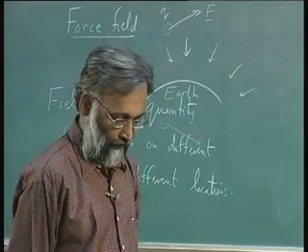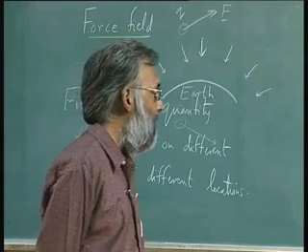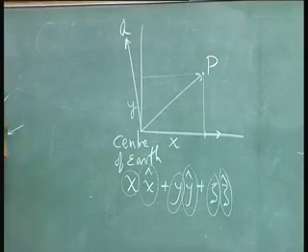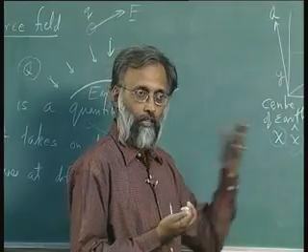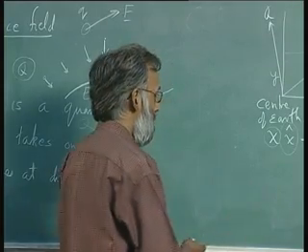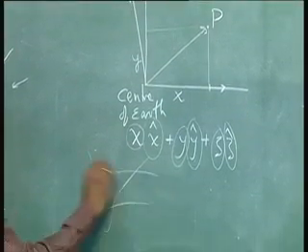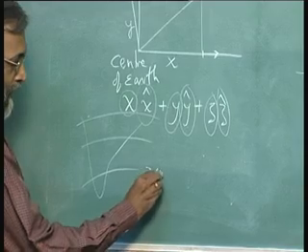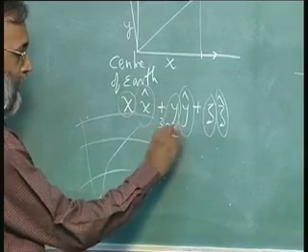Not only can you have vector fields, you can also have scalar fields. For example, if you look at the newspaper, it will show you the map of India, and it will tell you what the temperature is at different points in the country. That map showing you isotherms, saying that this is 34 degrees, this is 32 degrees, this is 30 degrees.